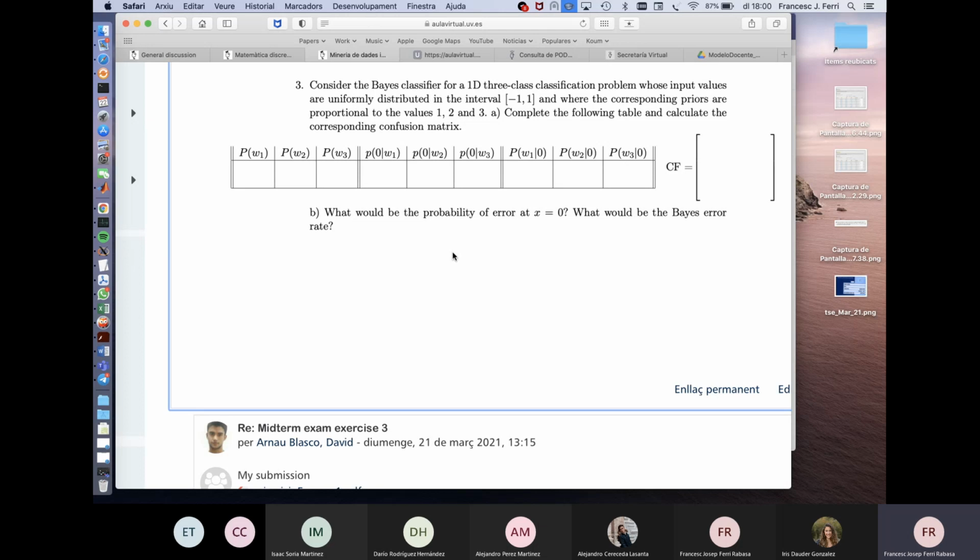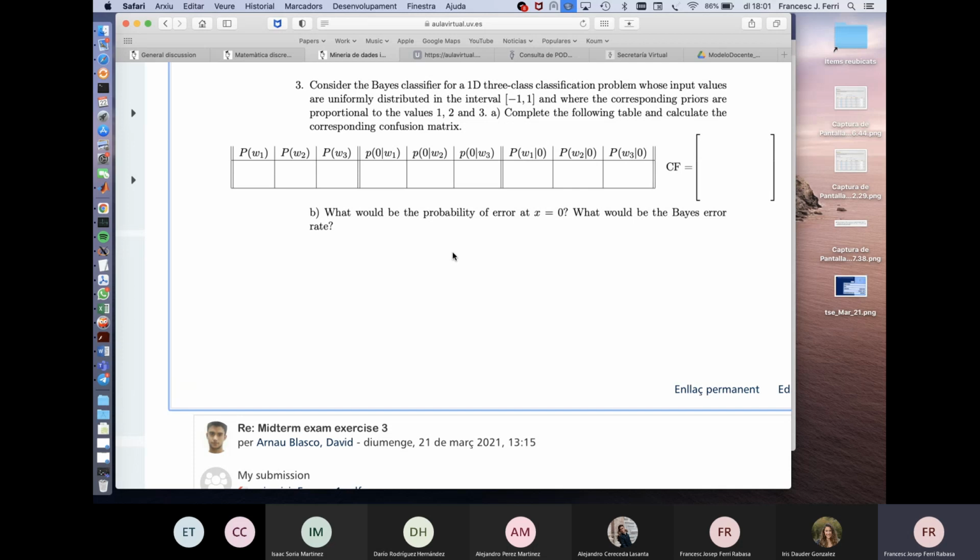When we have two classes, the Bayes classifier decides one of these two, and the error is the probability that the input is from the other class. That's why the Bayes classifier always takes the maximum of the posteriors, and the error is the minimum, the other one, because when we have two, the minimum is the complementary of the maximum.